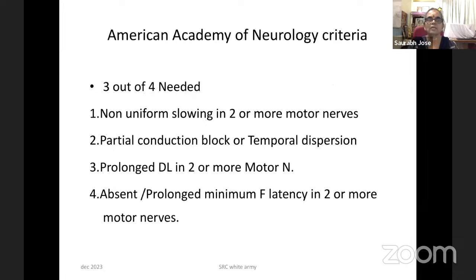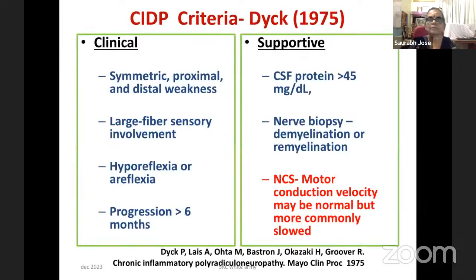And you have the American Academy of Neurology criteria for CIDP, that is non-uniform slowing in 2 or more motor nerves, partial conduction block or temporal dispersion, prolonged distal latency in 2 or more motor nerves, absent or prolonged minimum F latency in 2 or more motor nerves.